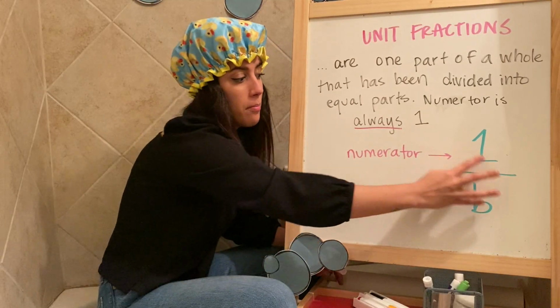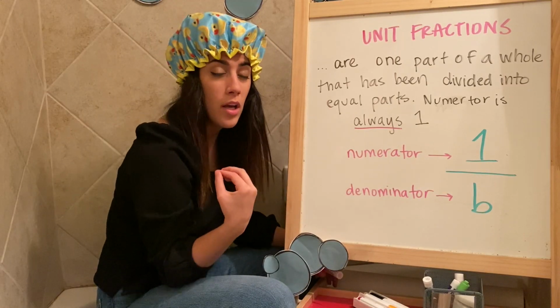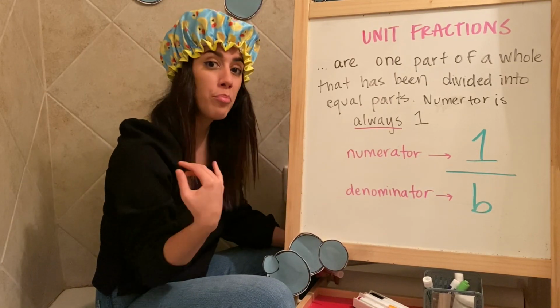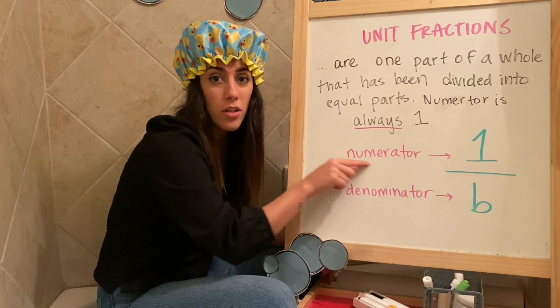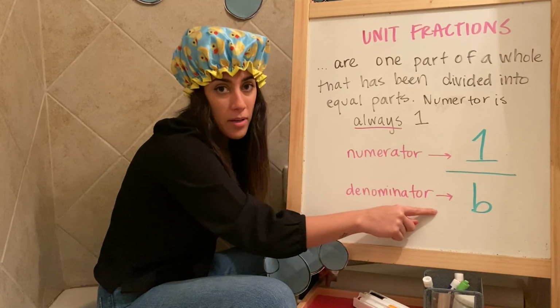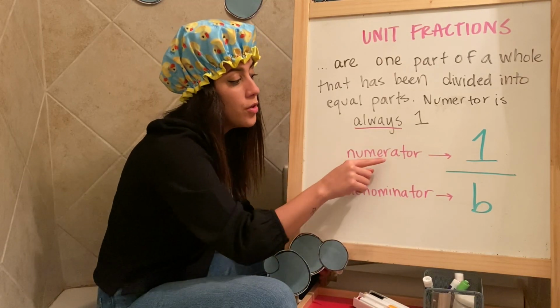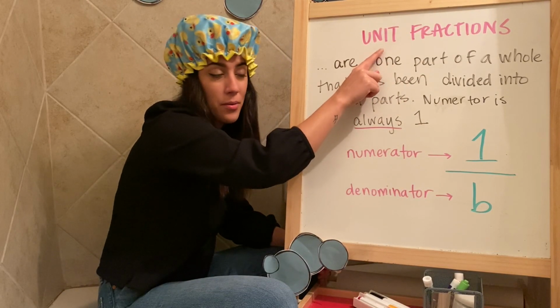The number at the bottom might be different, but just to reiterate something you've learned in previous grade levels, the top number of a fraction is always called the numerator. The bottom part of a fraction is always called the denominator. And so when the numerator is 1, it is a unit fraction, okay?